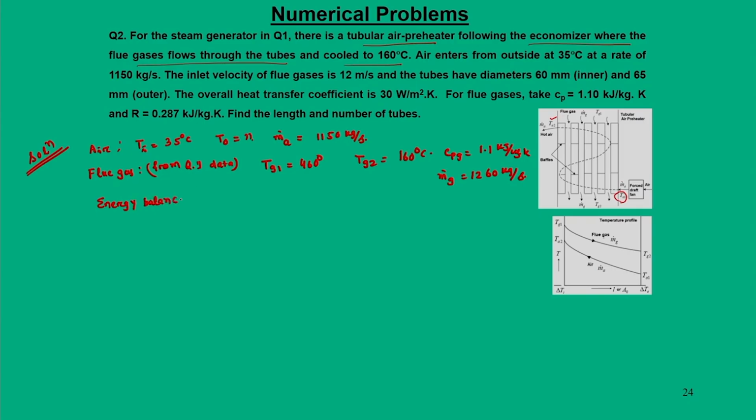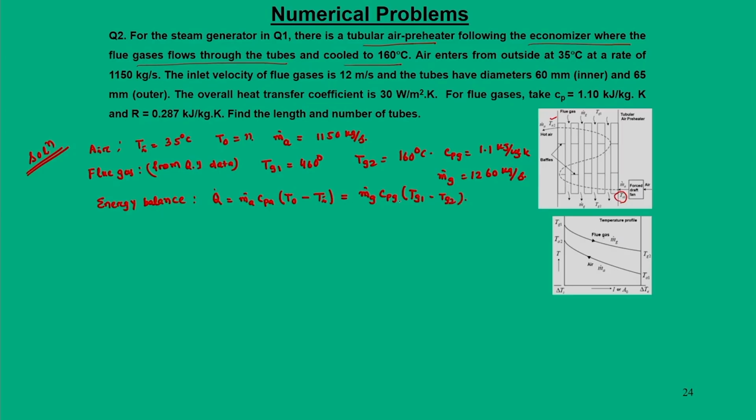So, you again use energy balance between flue gas and air. We say Q is equal to m dot A Cpa (To minus Ti), that is equal to m dot g Cpg (Tg1 minus Tg2).